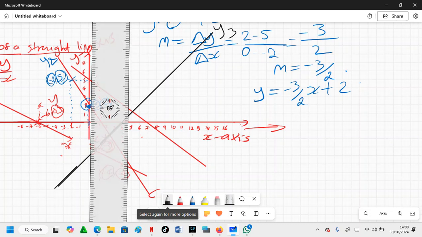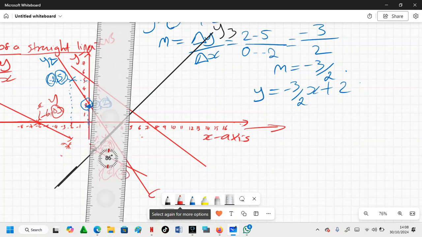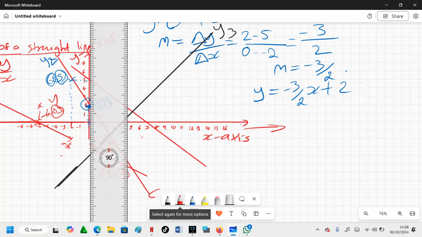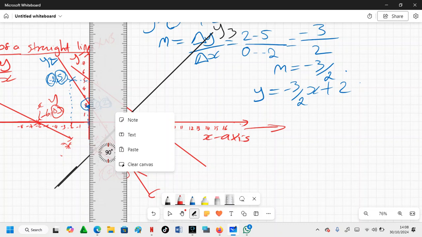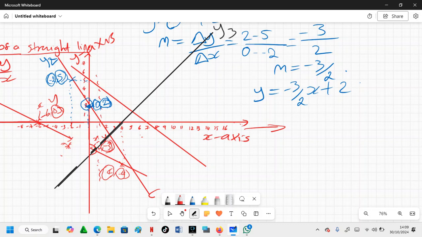Then our y-axis is there. Good. So our y-axis is right there, and then that is our line.